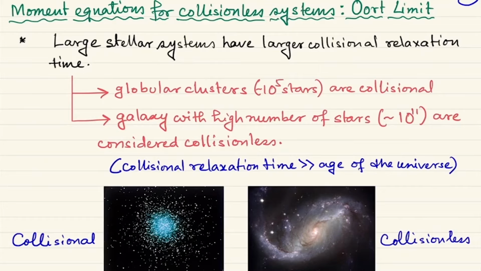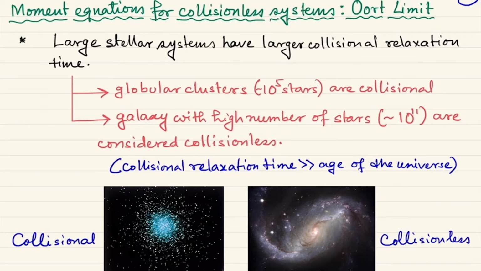What collisional relaxation time is, you can also search, but roughly speaking, if a system has, let's say, tau as the collisional relaxation time, then anything happening inside the system within this time tau will not have any effect of collision.